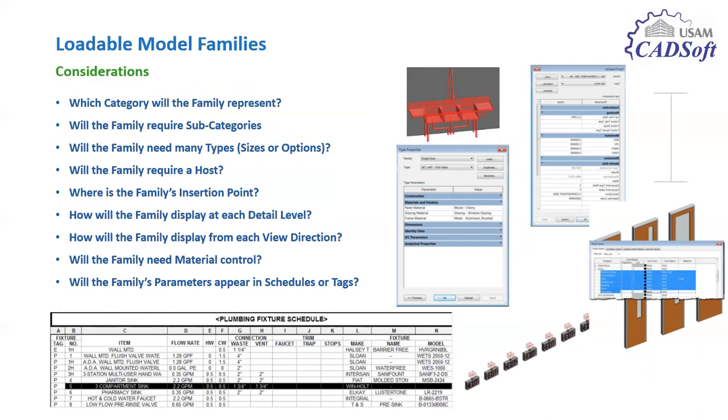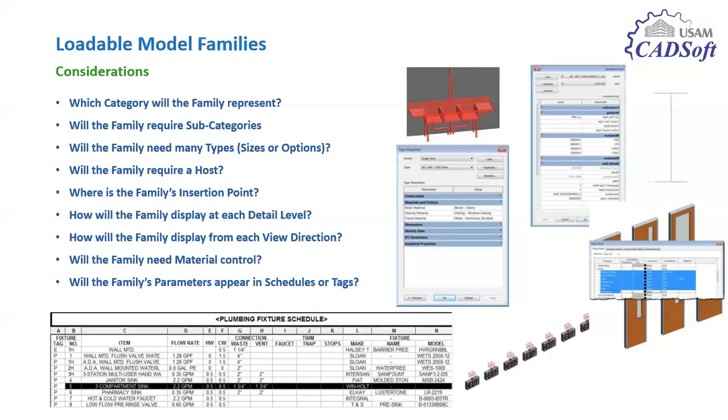Do you want to place your family on a wall or a floor, or maybe you want to attach it to a roof? That is the host. So what is going to be the base point or the reference point by which the family is going to be put into your project, or the insertion point, basically?